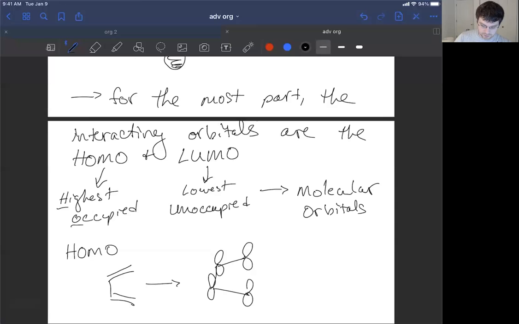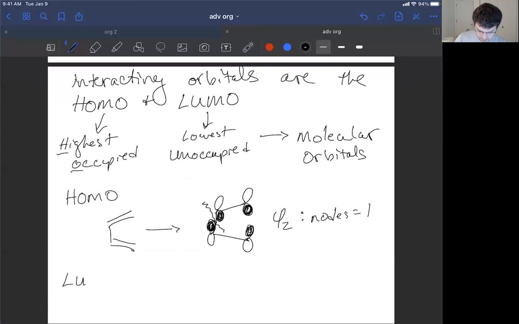So if we consider the HOMO, that would be psi 2 with one node, and the one node is slicing right through here. Psi 2, nodes equals 1.